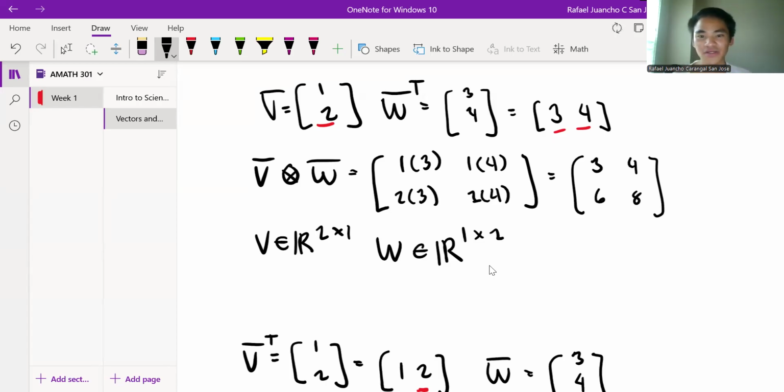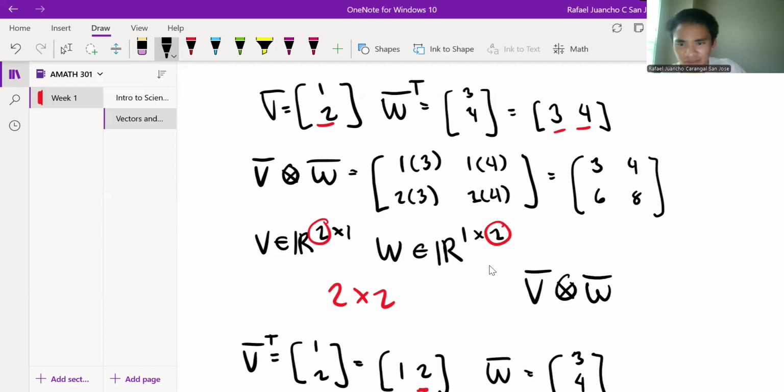So if we were to get the outer product, what we're actually doing here is getting this piece times this piece. So it's going to be 2 by 2, right?